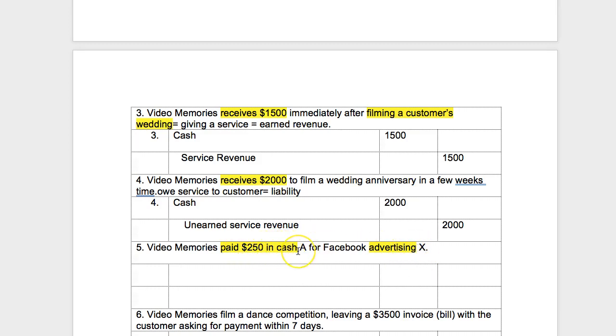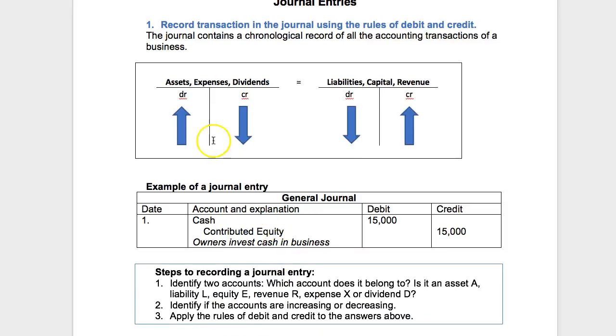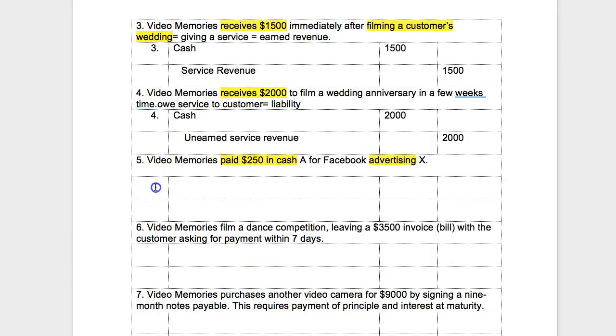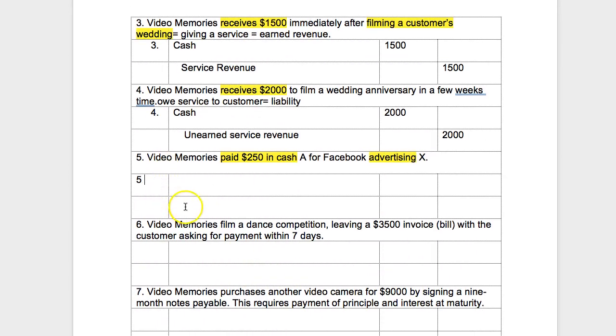Now we need to figure out which one is increasing or decreasing. So paid cash means your cash is decreasing. Having a look up here, cash is an asset, and every time you pay cash, this will be a credit. Okay, so I know the credit. I'm going to leave the space for my debit, and I'm going to write the credit in down here and put the number in the credit column.